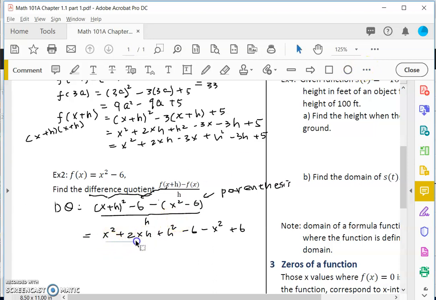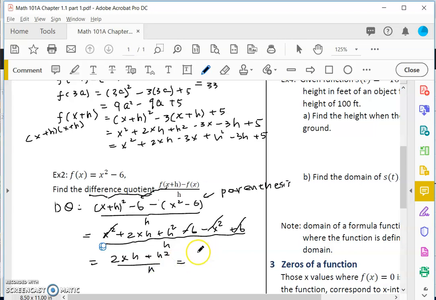Okay, so divided by h. So you can combine some like terms: x squared cancels, 6 and 6 cancel. So I have 2xh plus h squared over h.